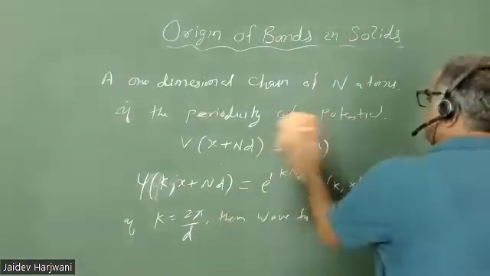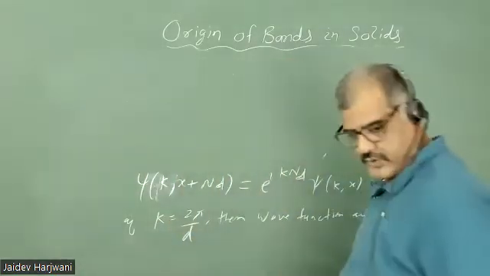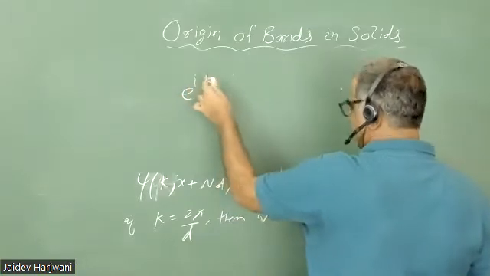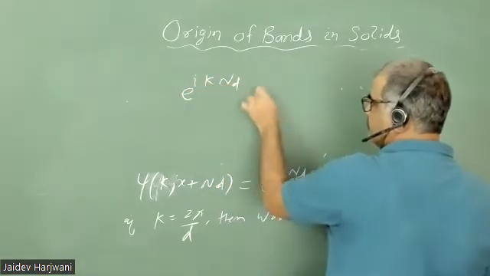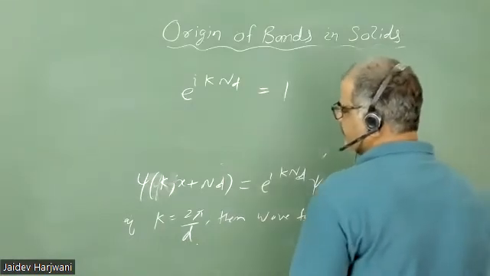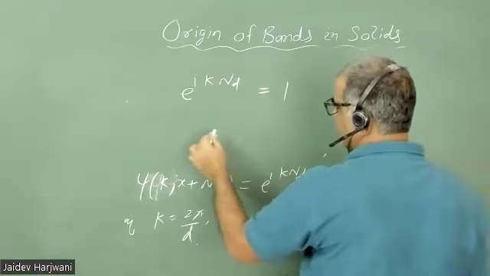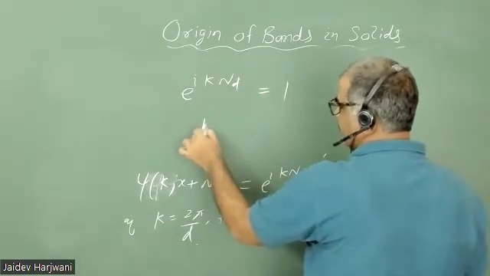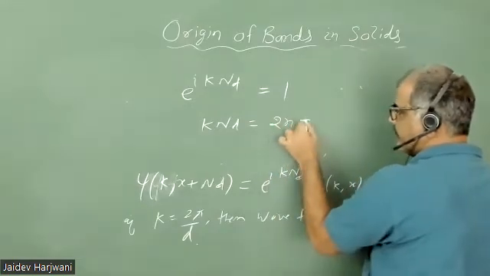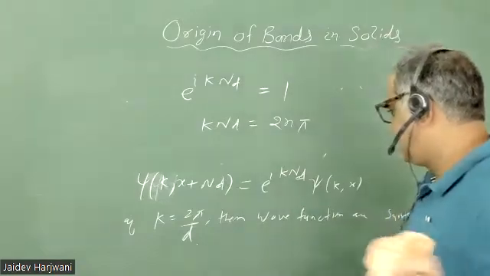Why are the wave functions the same? Because e^(iknd) equals 1 when I put 2 pi n. If we solve this, k n d equals 2 n pi.